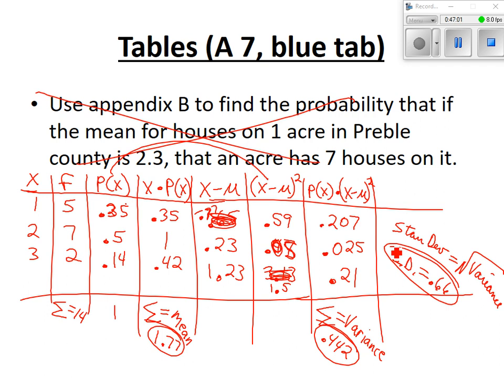I think you hit 1-Var Stats, and then you put in second, L1, or whichever list you put it in, comma, L2. So 1-Var Stats, then you put in both lists, L1, comma, L2. What's it pull up? What's it tell us our mean is?